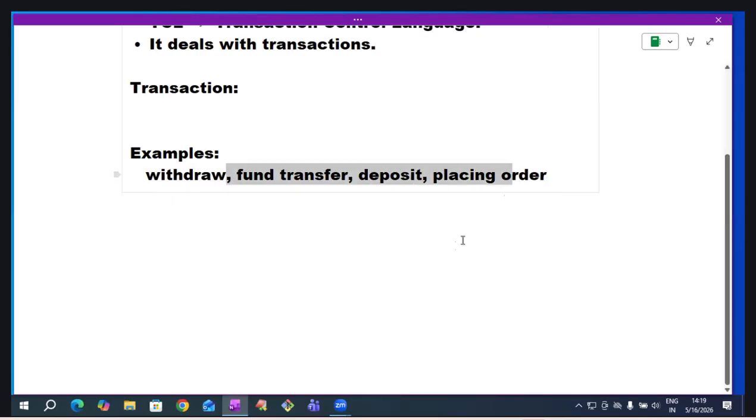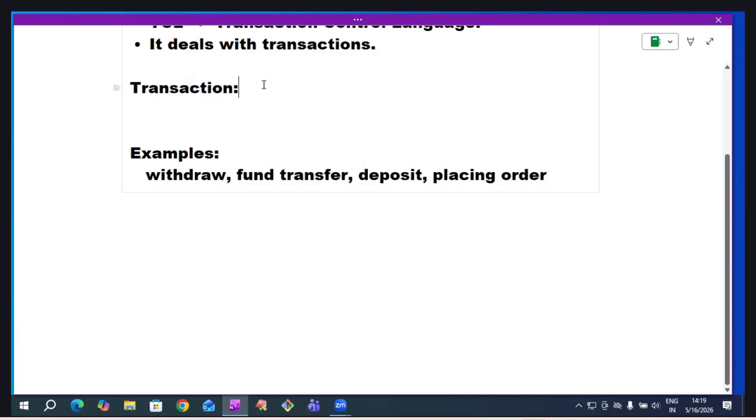You are modifying password, transaction. You are closing Gmail account, transaction. Like this, every day we perform many transactions. So you are depositing through ATM machine, transaction. You are placing order in Amazon, transaction.